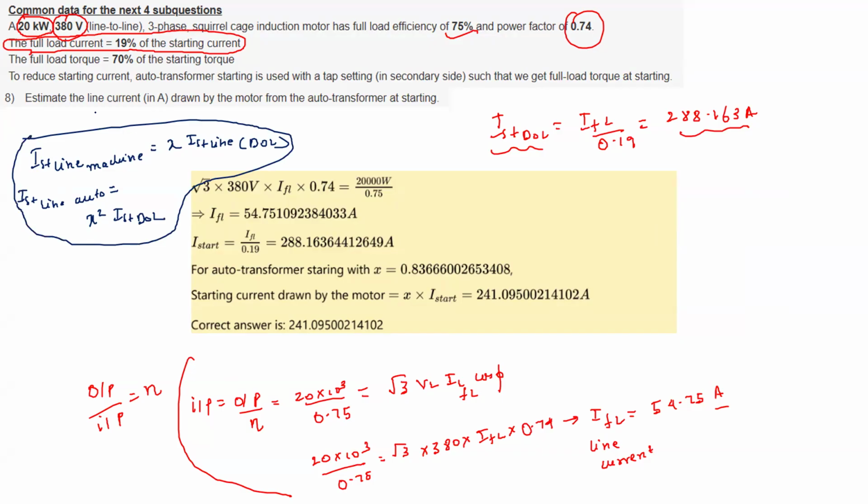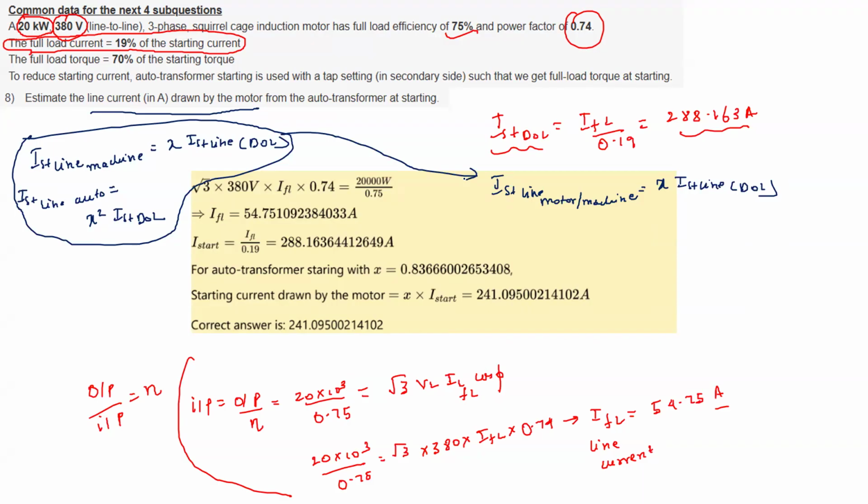They are saying estimate the line current drawn by the motor or machine. They're not saying the line current drawn by the auto transformer. They're saying the line current drawn by the machine. So what should be I starting line current of the motor or machine? It is x times I starting line current DOL, from this expression.